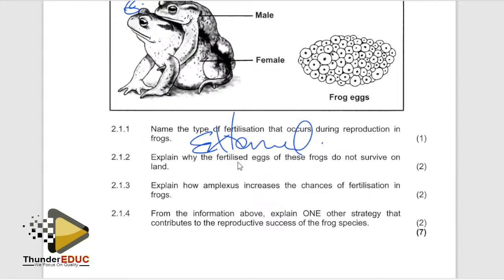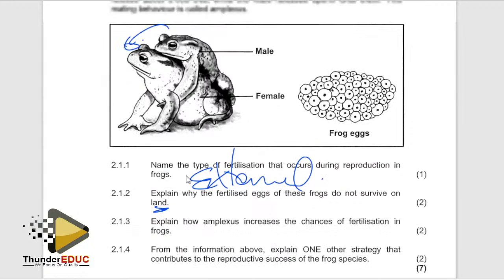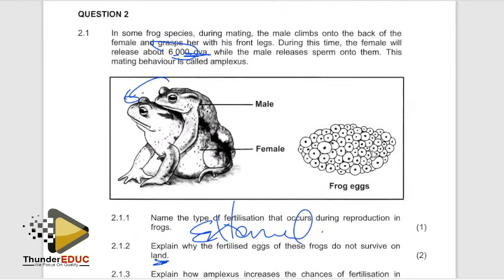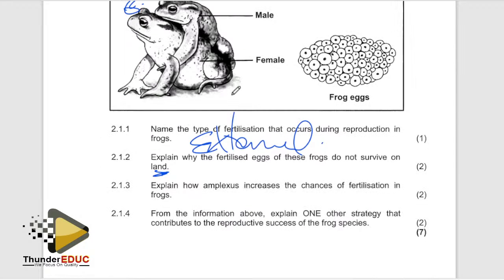Explain why the fertilized eggs of the frog do not survive on land. Basically, they do not have a shield or a shell, a protective layer to prevent desiccation. Let me make it a little bit simpler: to prevent dehydration.